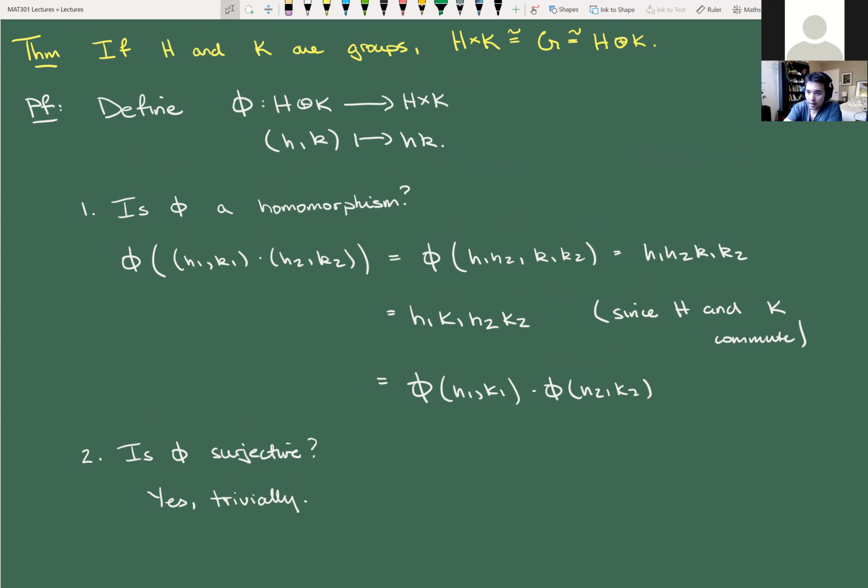It takes an element in H and an element in K and maps it to an element in HK. How would you prove that this is surjective? Choose an element on the right-hand side, call it H times K. Well, what maps to that? Clearly H comma K. So this is why I'm saying this one's trivial. There isn't anything to do. If you really want to write it out, sure, go ahead. It's a one-liner. Choose an element on the right-hand side, and there's an obvious thing which maps to it.